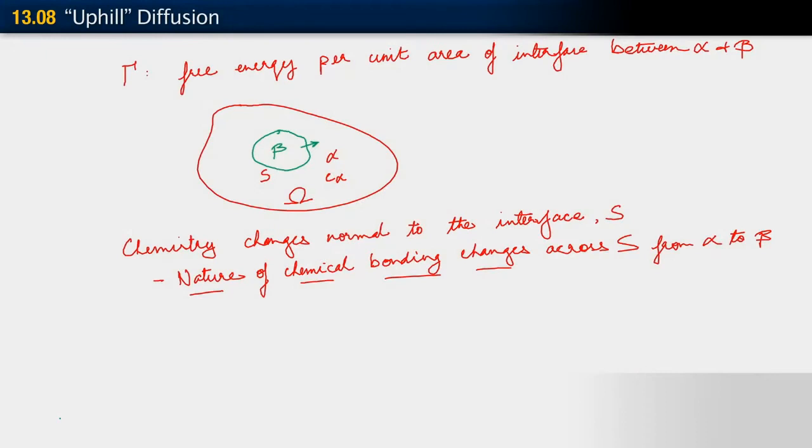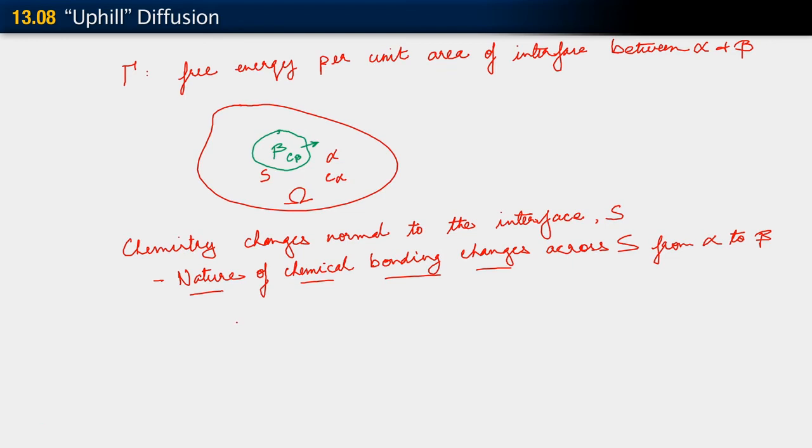How can we represent it? Think about it. I'm going to write something here to help you think about it. Within alpha, the concentration is pretty much C alpha. Within beta, the concentration is pretty much C beta.